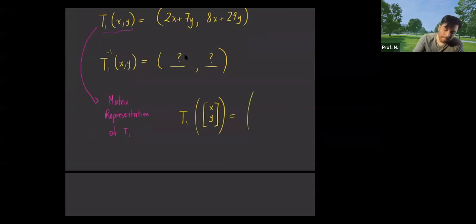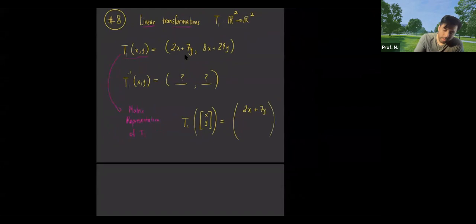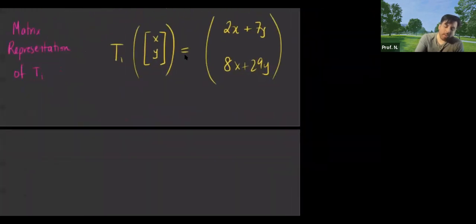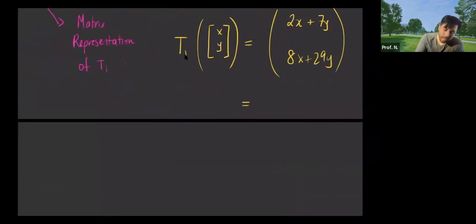If you look at it, you can think of it this way: 2x plus 7y is the first coordinate, and then you have 8x plus 29y. If you separate this, it can be written as x times (2, 8) plus y times (7, 29).